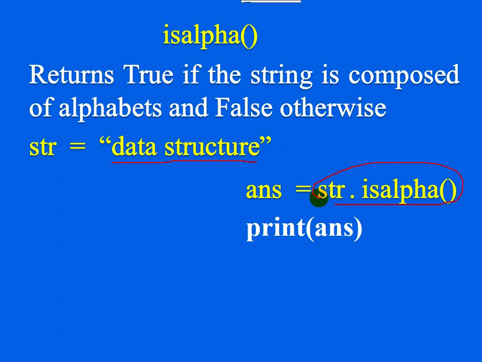The function returns false, and the reason is this string is not completely composed of alphabets only. You can see a space character is also there, and a space character is not an alphabet, isn't it? So the answer returned is false. And if the space character was not there, the answer returned is true, because the remaining is fully alphabets.